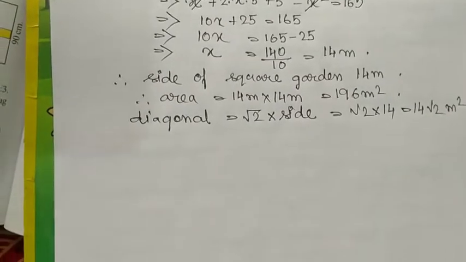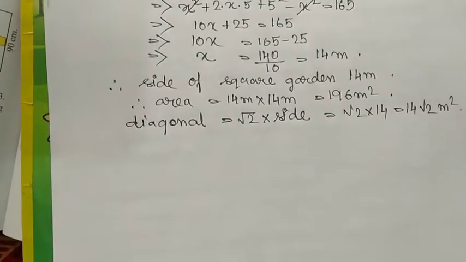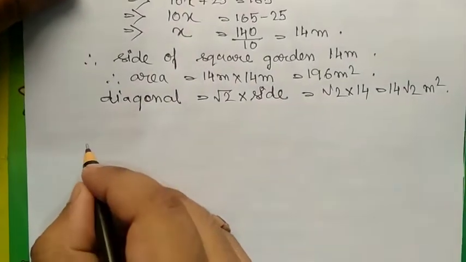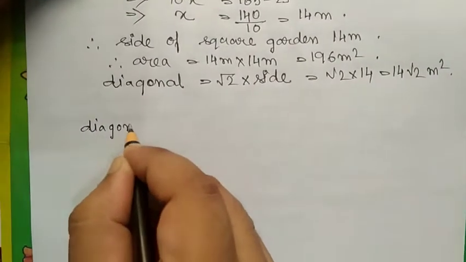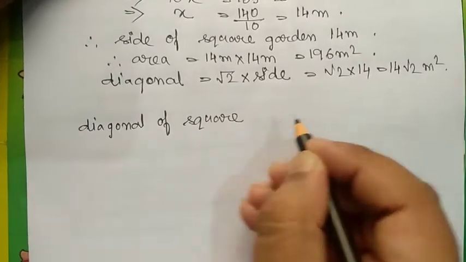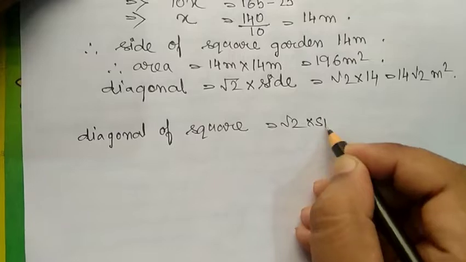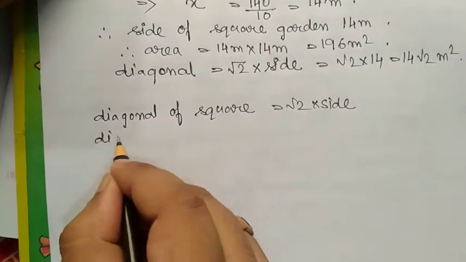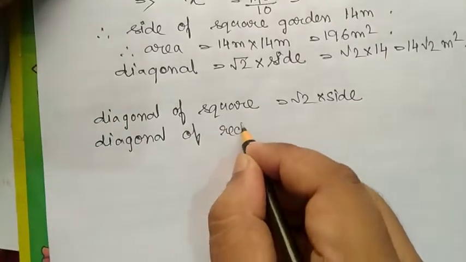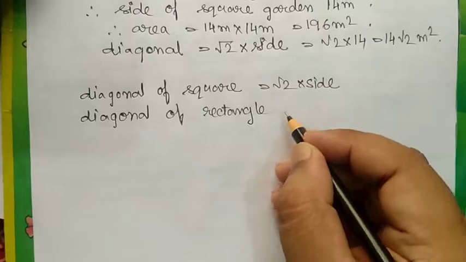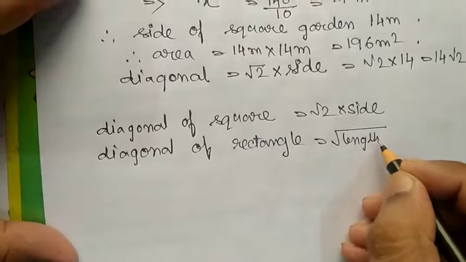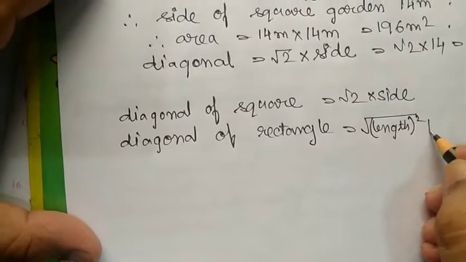One more thing: I don't remember if I discussed it when I wrote down the formulas, but there are two formulas. One formula is diagonal of square equals root 2 into side, and diagonal of rectangle equals root over length square plus breadth square.